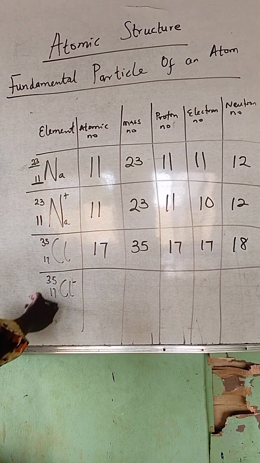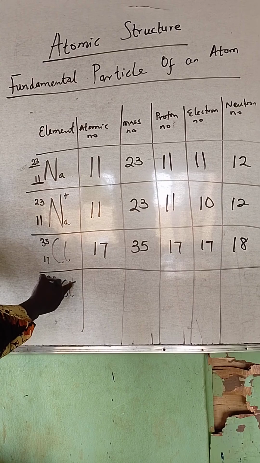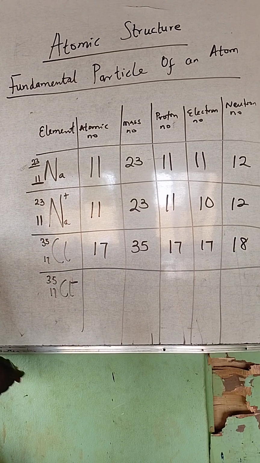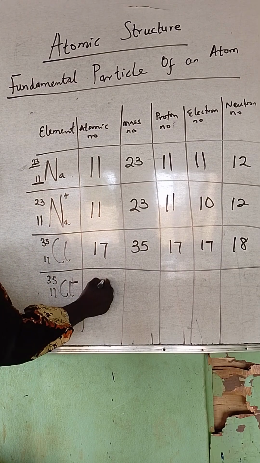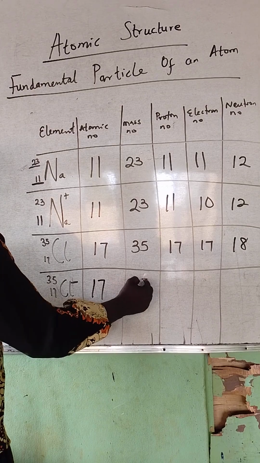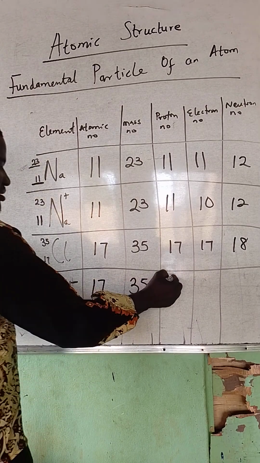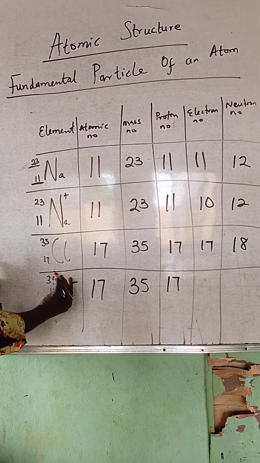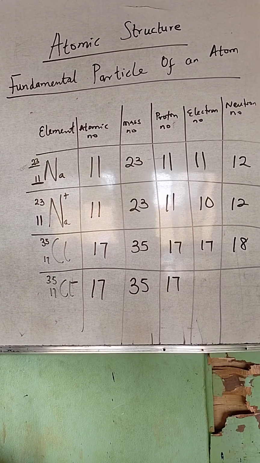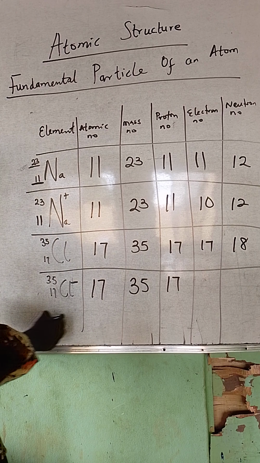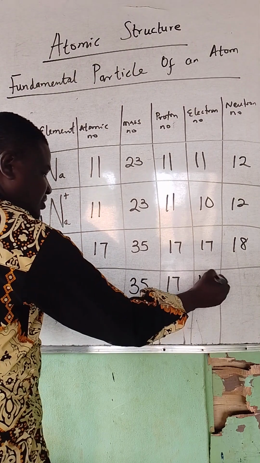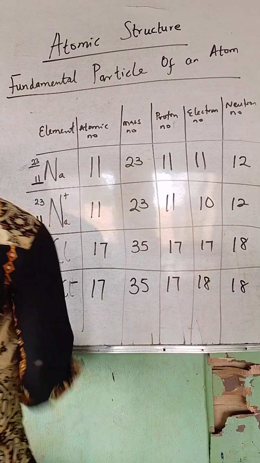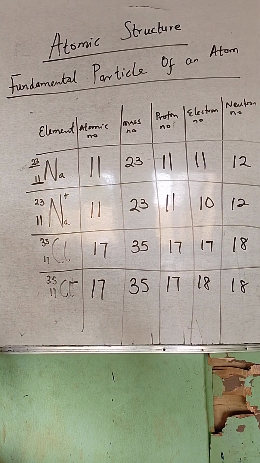But this one is chlorine with a negative charge. Still 17, 35, still 17 protons. But it has accepted one electron, that's why it becomes negatively charged. So the electron becomes 18, and the neutron is still 18. This now leads us to isotopy.